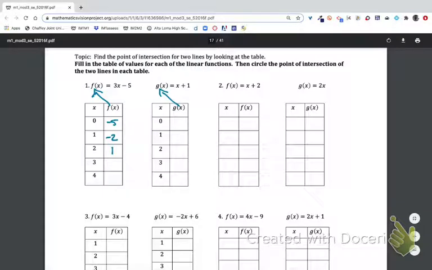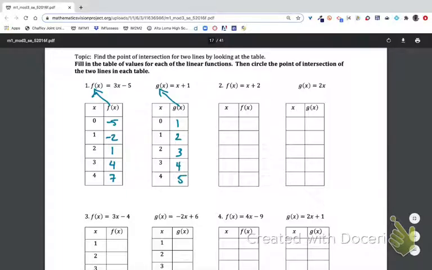Minus 5 is 1. 3 times 3 is 9. Minus 5 is 4. 4 times 3 is 12, minus 5 is 7. For the g of x function, plug in 0, you get 1, 2, 3, 4, and 5. We're just taking that x plus 1.